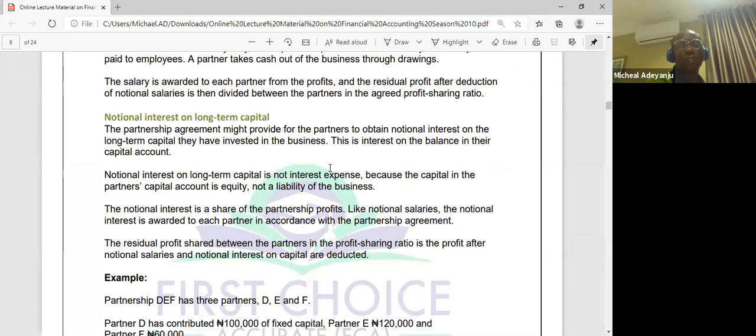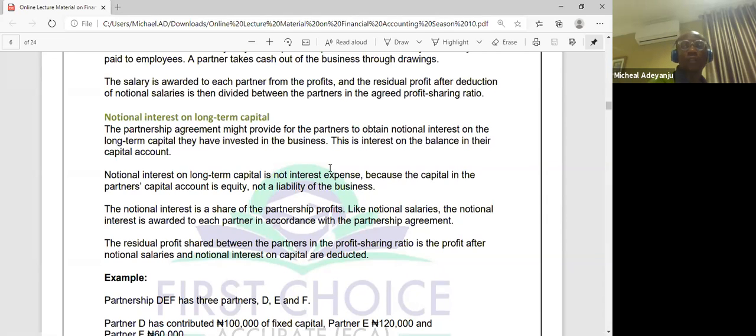Also, we have notional interest on long term. The partnership agreement might also provide for partners to obtain notional interest on the long-term capital they have invested in the business. Like I said earlier, there is some capital that is given or invested by the partners that is entitled to notional interest.